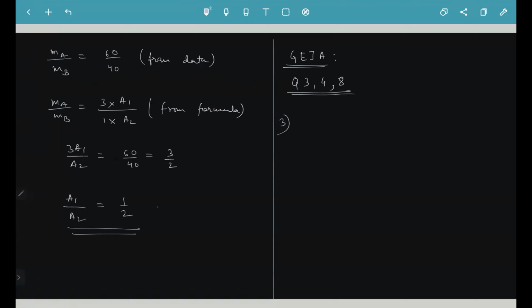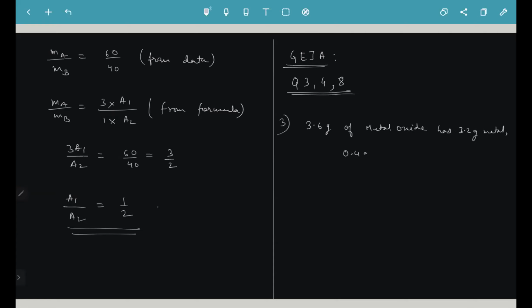3.6 grams of an oxide of a metal gives 3.2 grams of metal. So 3.6 gram of metal oxide has 3.2 grams metal. So the remaining will be oxygen.